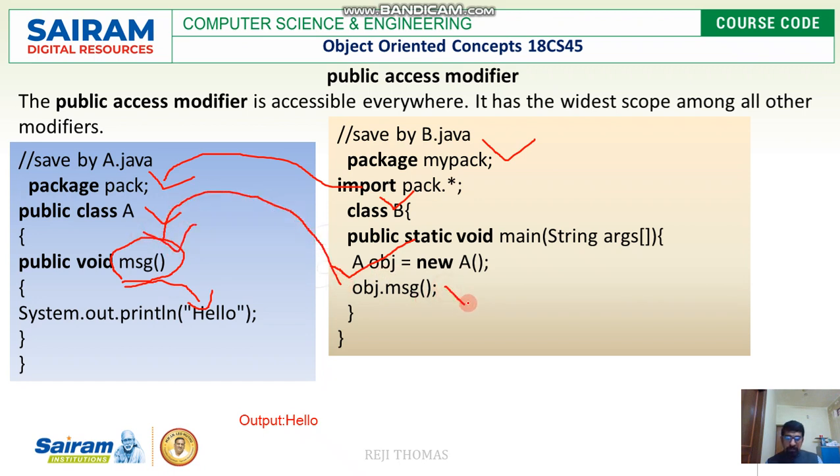This is possible because the MSG method is a public method, so it has the widest scope among other access specifiers.